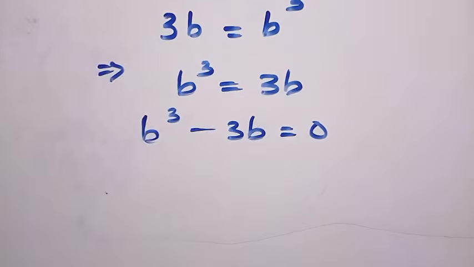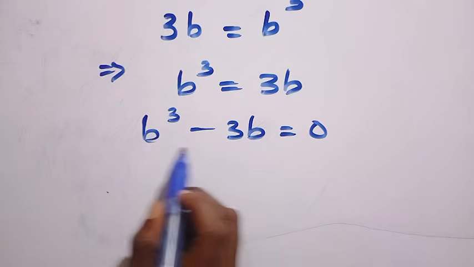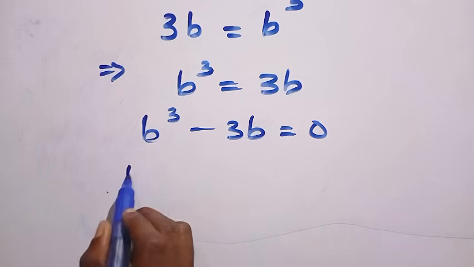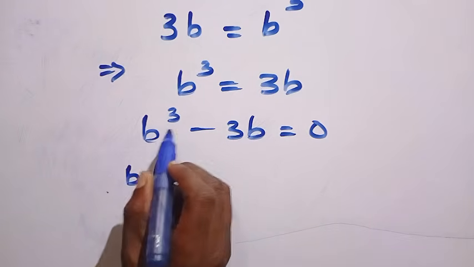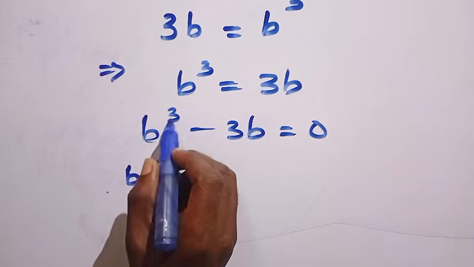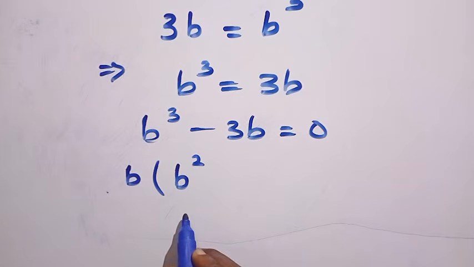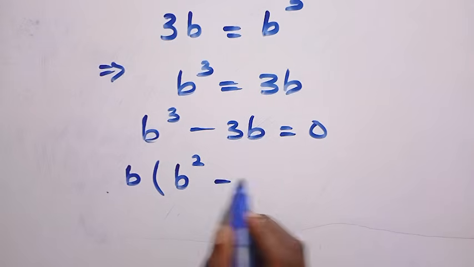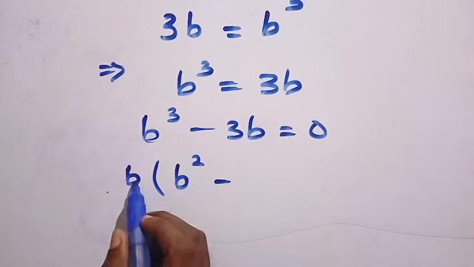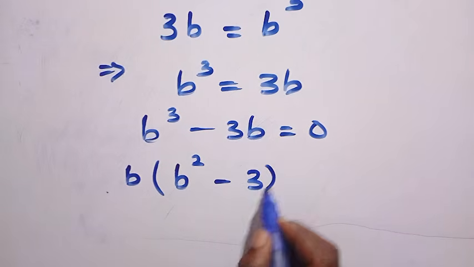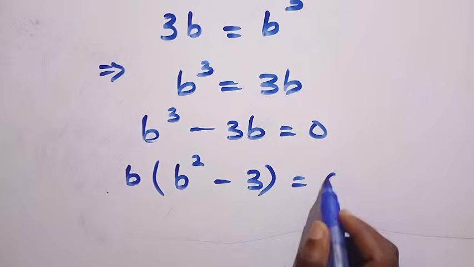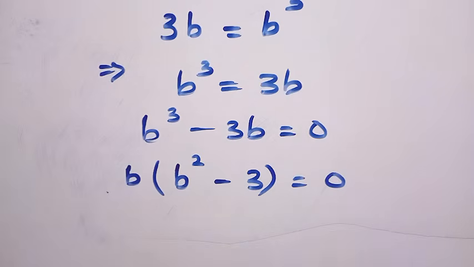And then at this point, we have to factor out b. If I take out b, dividing b cubed by b gives b raised to power of 2, minus 3b divided by b gives 3, and everything here equals 0.